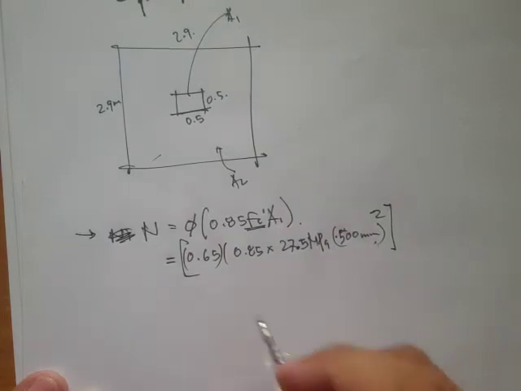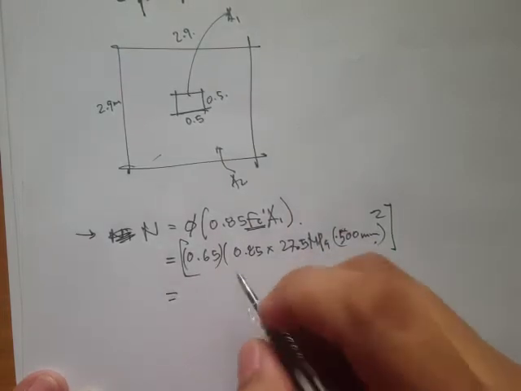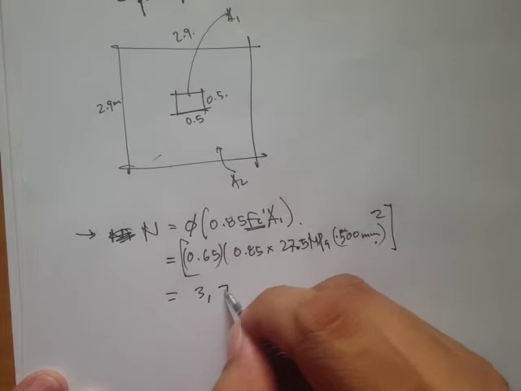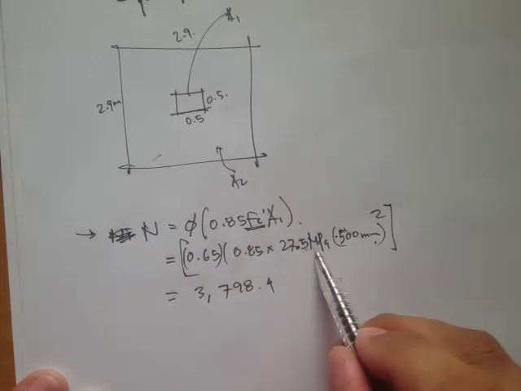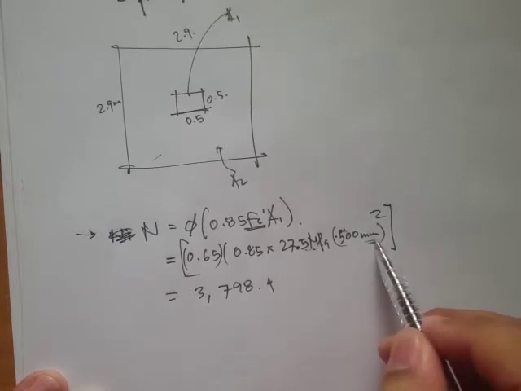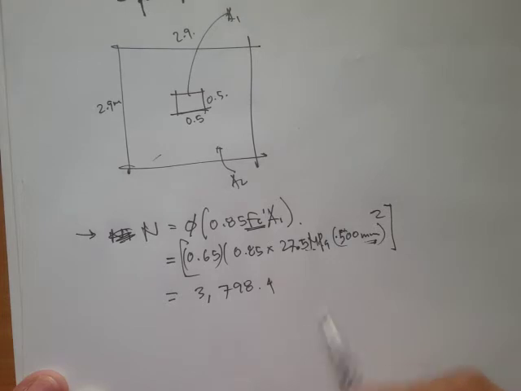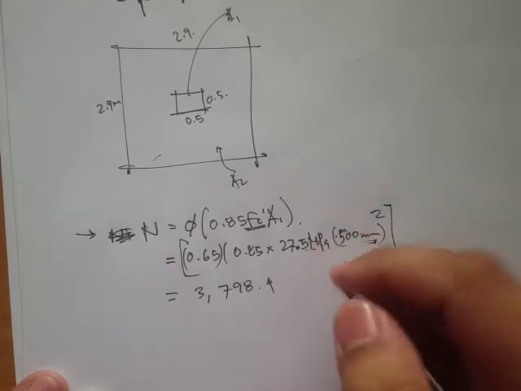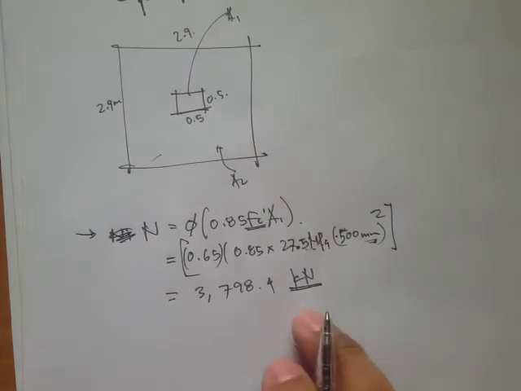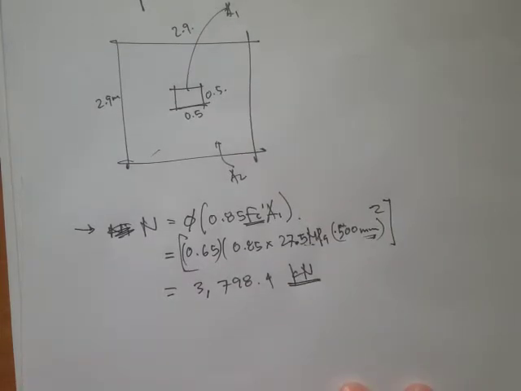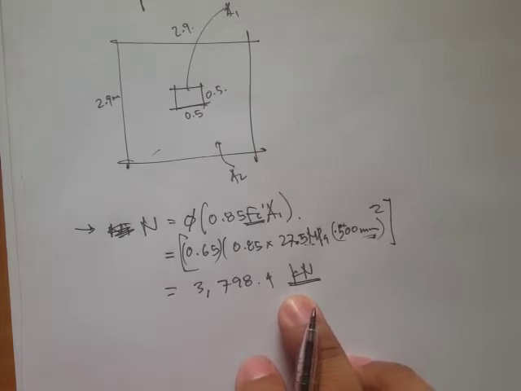If you do the math, what you get is 3798.4. Of course, this gives a unit of newtons, and typically for concentrated loads we use kilonewtons. So that's our capacity.